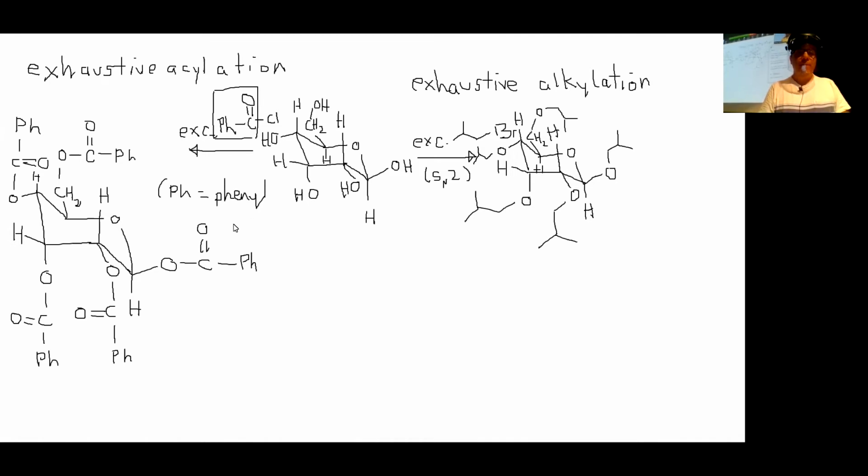And if you don't like Ph, you can also write C6H5. Perfectly acceptable. Everyone will know what you mean. There's really only one common way to put together 6 carbons and 5 hydrogens. So you can substitute C6H5 for Ph if you prefer. In any case, I think now we've got all of our acyl groups in. I just am missing a hydrogen.